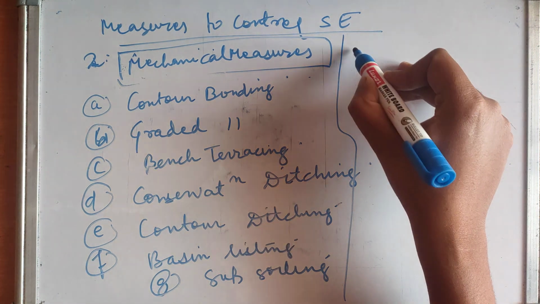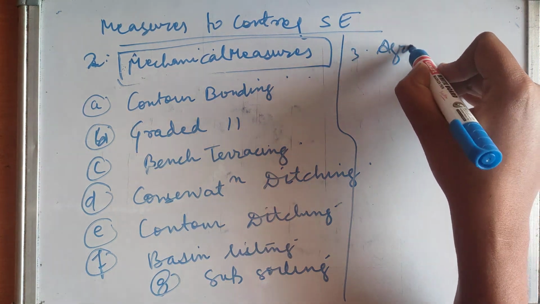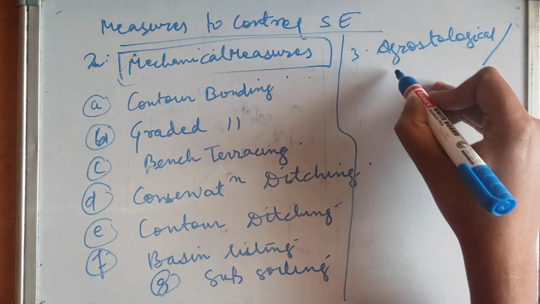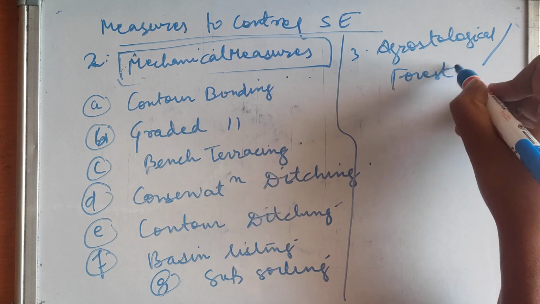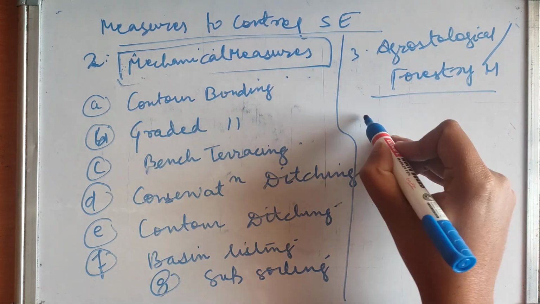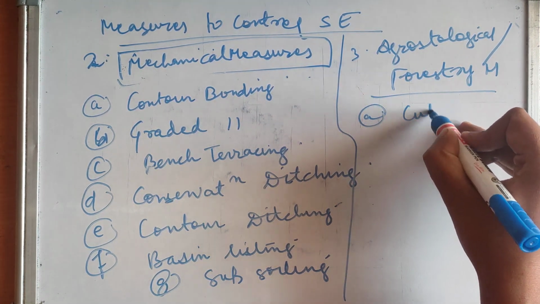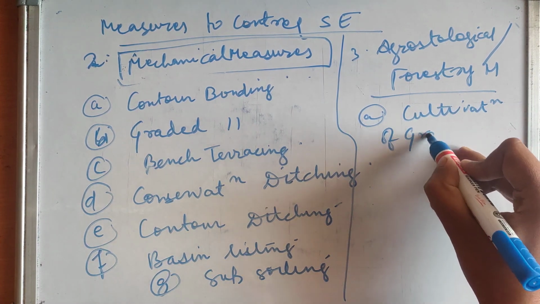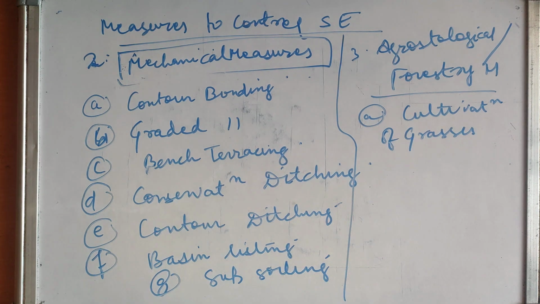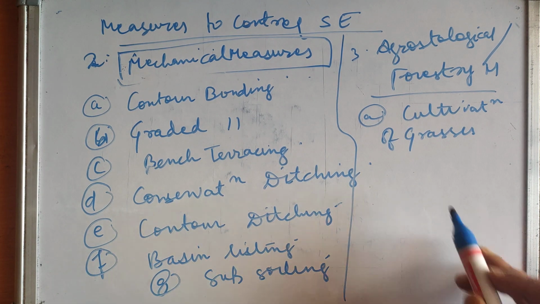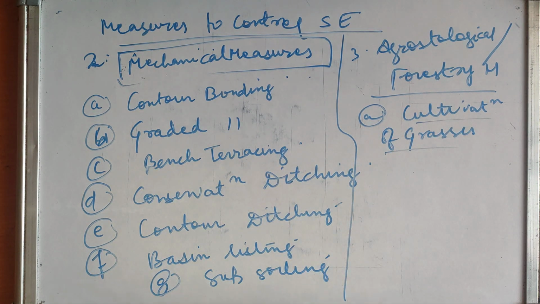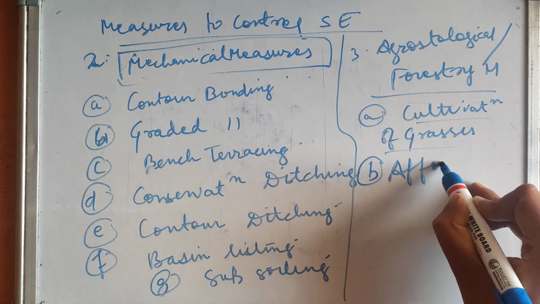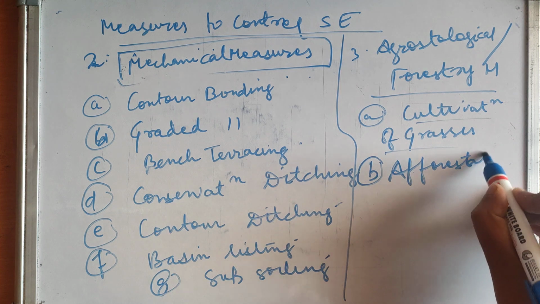Now there are some agroecological or forestry measures. These are cultivation of grasses. If soil is left barren without any vegetation, the erosion frequency will be high. But if we cultivate the soil with grasses, the erosion will be reduced. We need to do afforestation in barren lands mainly.